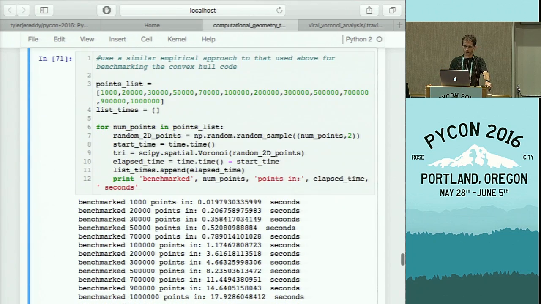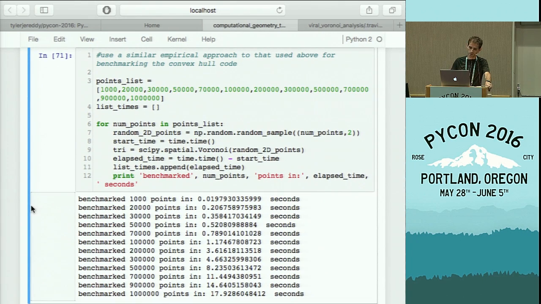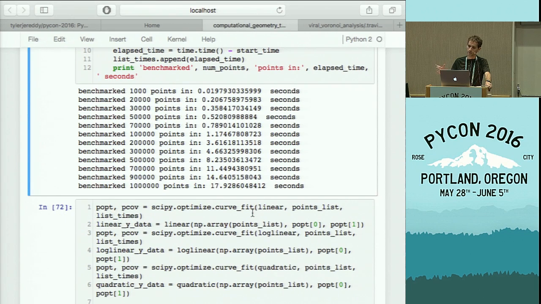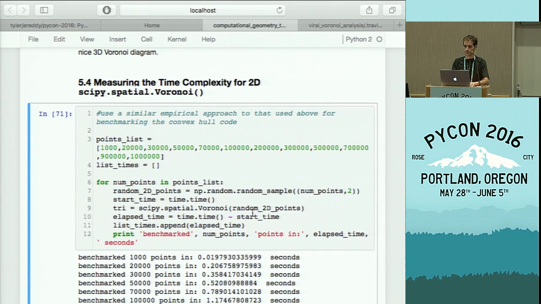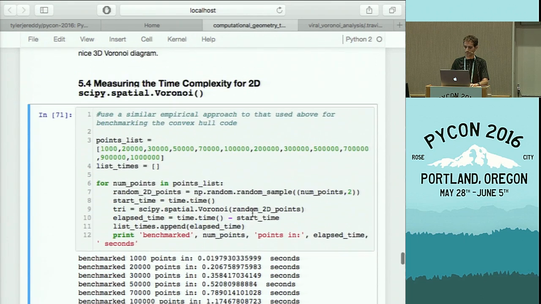I've fed in a number of differently sized data sets, from 1,000 points to 1 million generators, and very crudely measured the timestamp before and after running scipy.spatial.Voronoi, subtracted, and appended that to a list. Then we're going to use scipy to optimize the curve fit to see if we do in fact have a log linear time complexity.